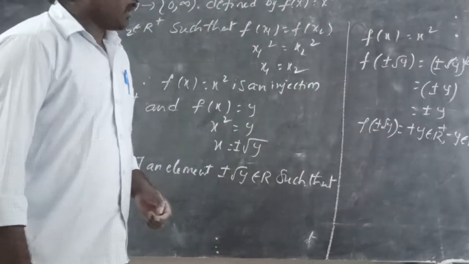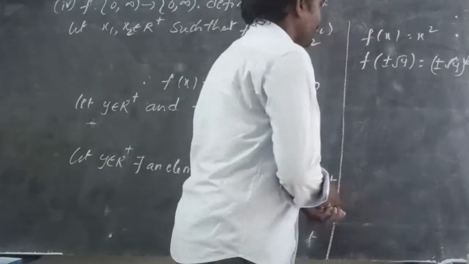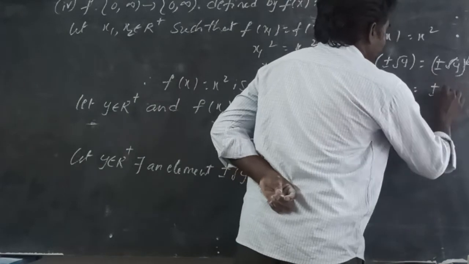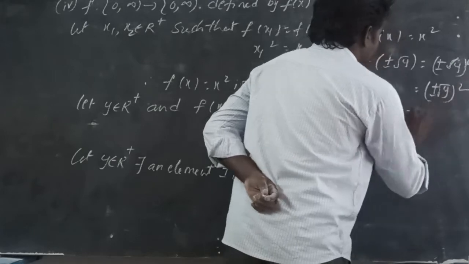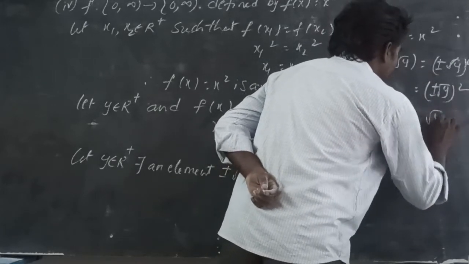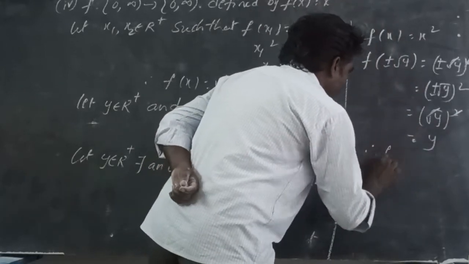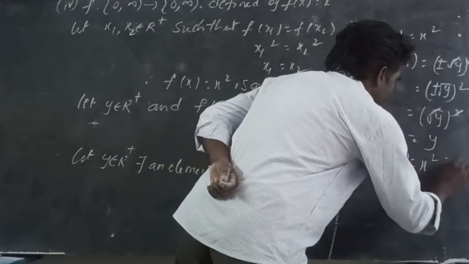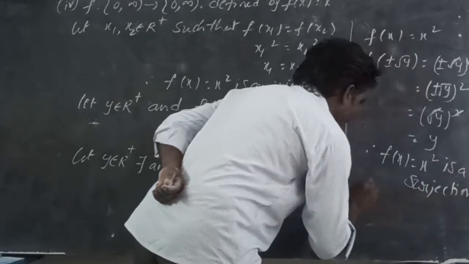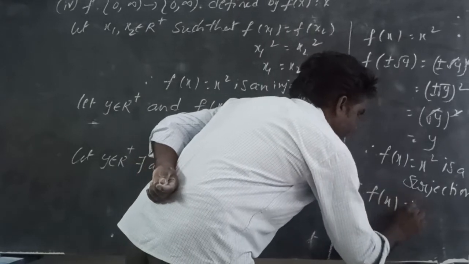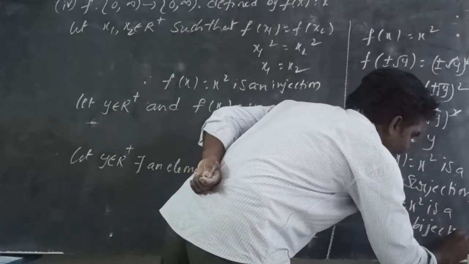Obvious, no? So here we get root y whole square, square cancels, y. Therefore f of x is equal to x square is a surjection function. So therefore f of x is equal to x square is a bijection function. Fine.